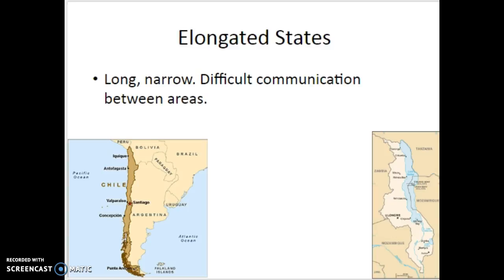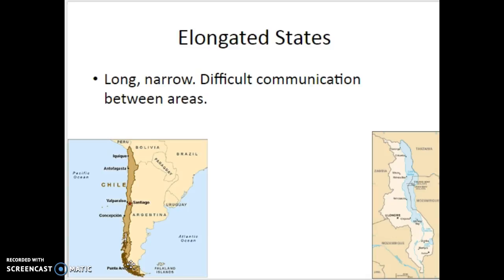Chile is located on a long, narrow strip of coastline between the Pacific Ocean and the Andes Mountains. One challenge for elongated states is the far divide between north and south, which could divide the state. Maybe the north feels distant or cut off politically, economically, or culturally from the south.